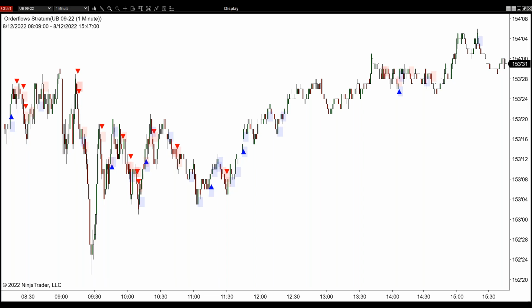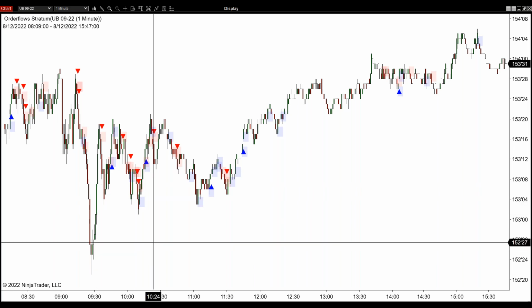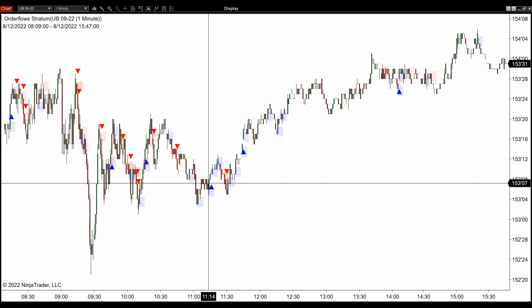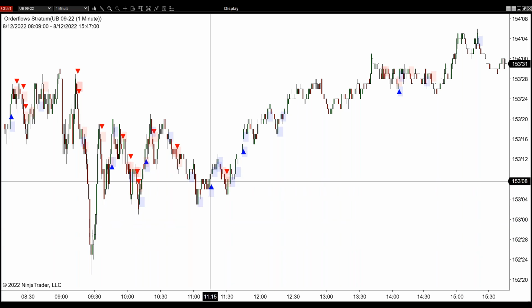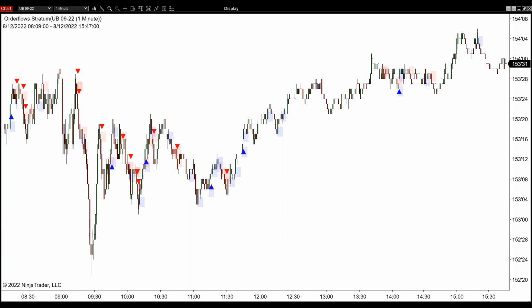But we took that part of the automation and put it in here. So to answer your question, if you're using that trade entry signal, it will appear after the signal bar. If you disable it, it will appear on the signal bar.